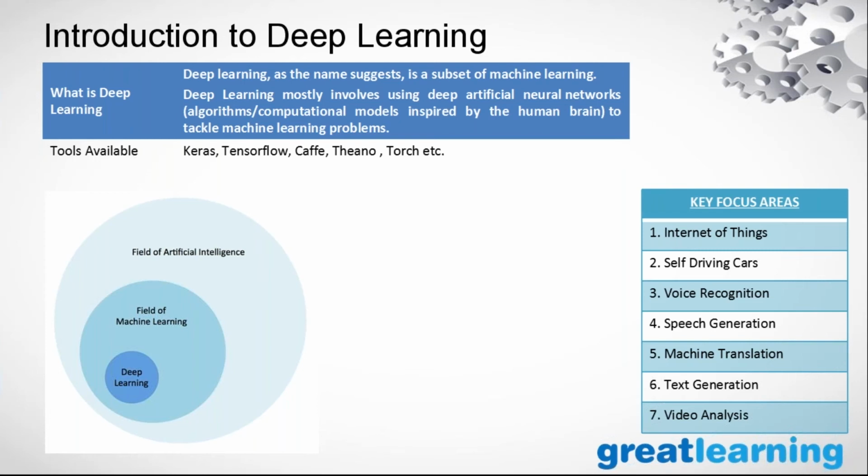Now, to give a quick introduction and a where-to-start scenario, I have put down some of the tools which are available freely in the market. This is not limited to these. I have listed Keras, Theano, Torch, but there are more. You can use OpenCV, and other tools also. But essentially, all the algorithms which work on top of any of these tools are going to be the same.